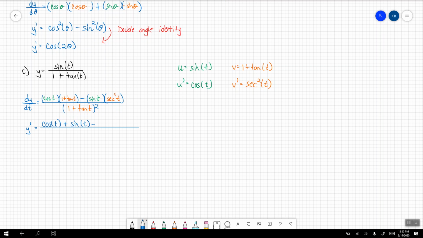And on the right hand side, I'm going to work this out really quick. Sine of t multiplied by secant is 1 over cosine squared of t. Okay, so that looks kind of nice. Here, I can actually separate this just a little bit to say sine over cosine, that's going to be tangent.